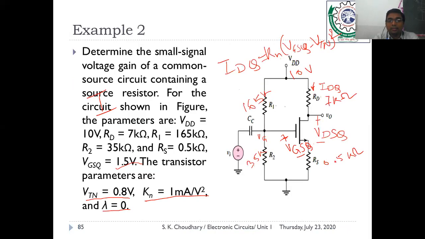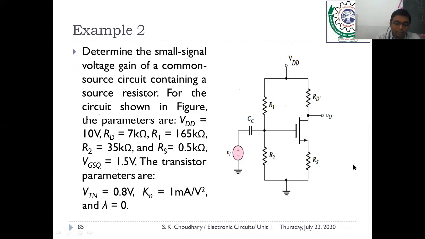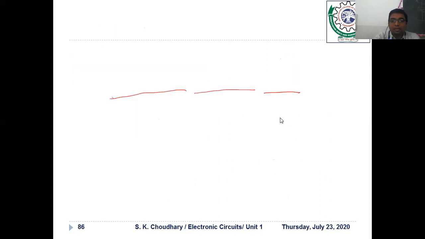When you apply the KVL on the output loop, you write the KVL equation: VDD minus IDRD minus VDSQ minus IDRS equal to 0. And when you do this, you will automatically get the value of the VDSQ.